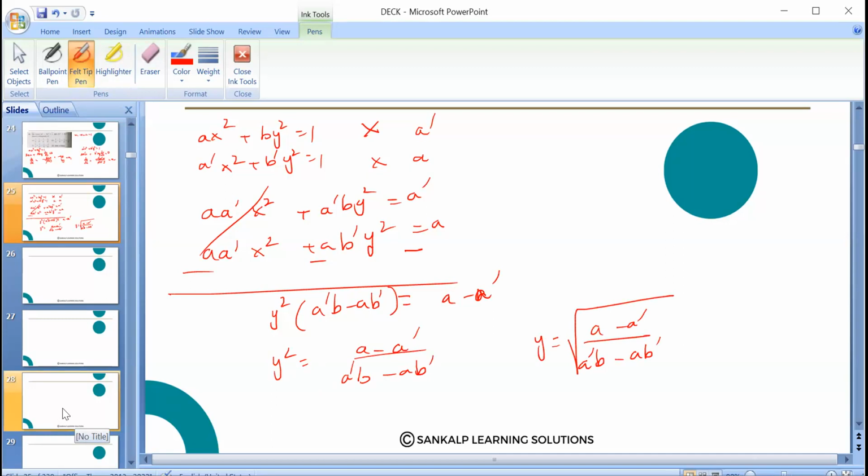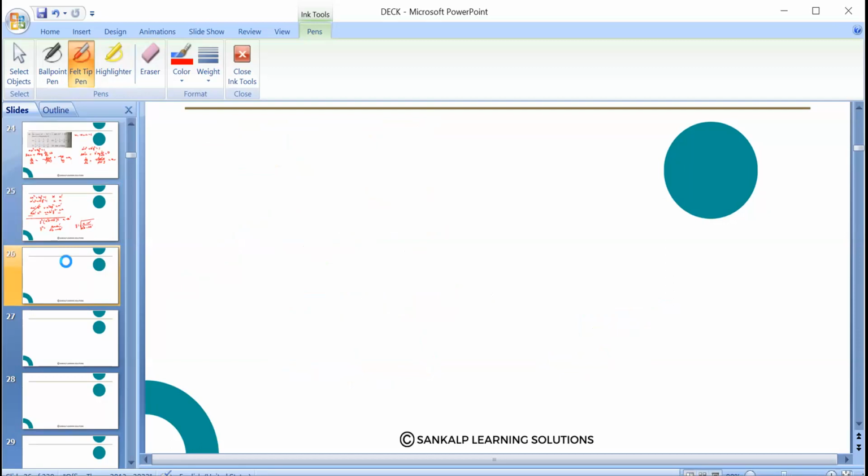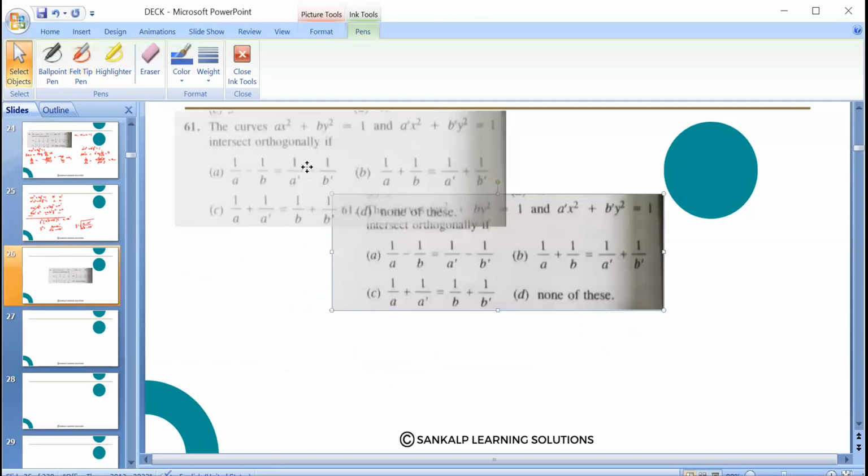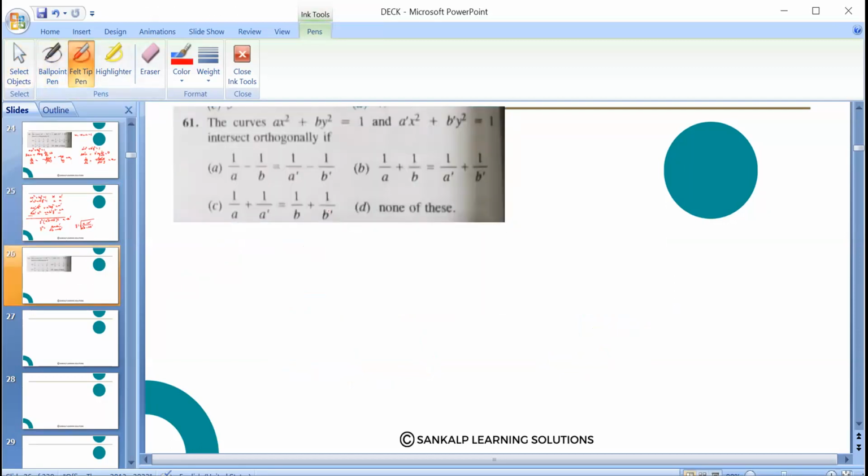So similarly, you have to find x. This is a long method. But there is a shortcut method which I will tell you. Very easy shortcut method.